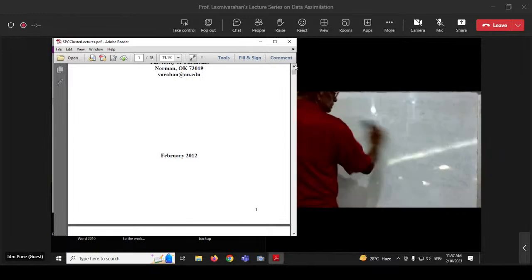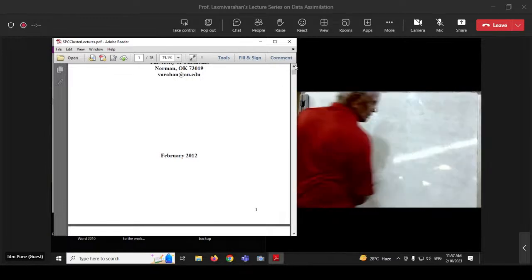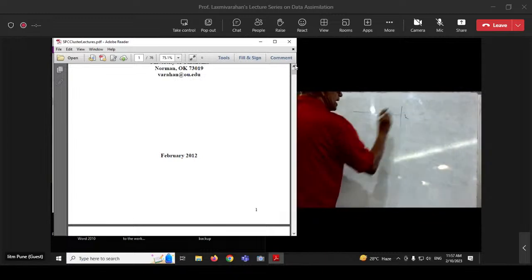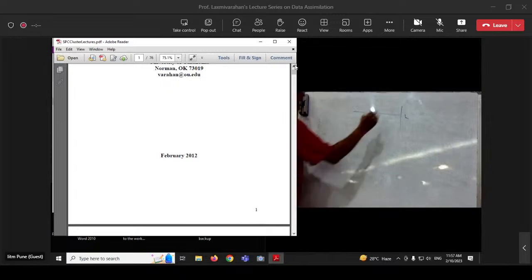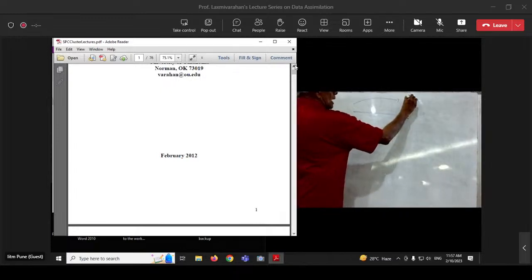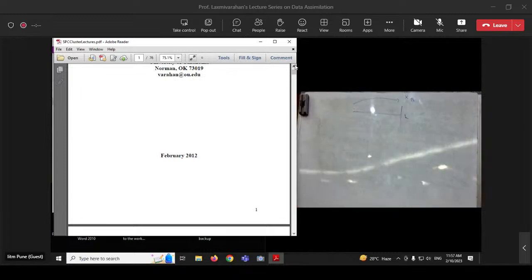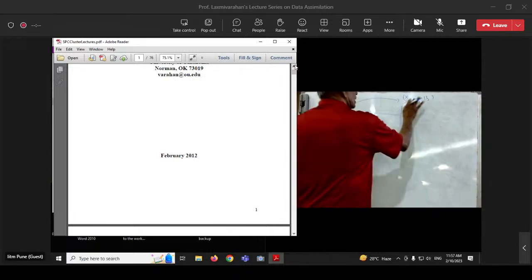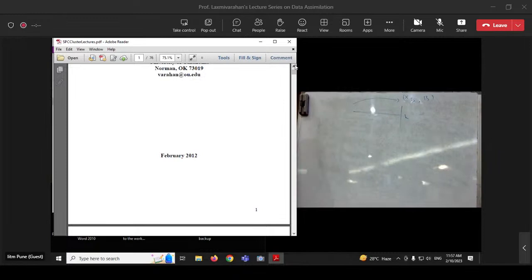So let's talk about the so-called 3D-Var. I want to be able to predict at time k. From the previous knowledge, I have what's called the background information, which we call XB. I have a background covariance, which is capital B. So what is background?